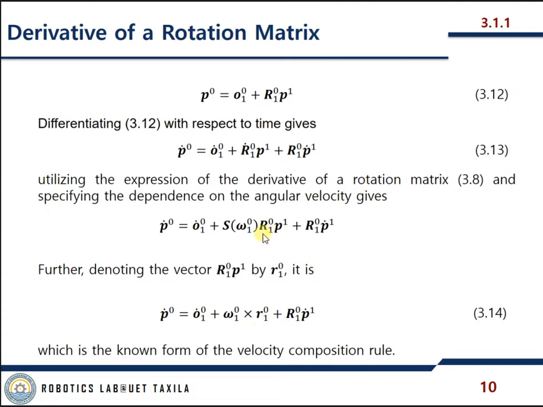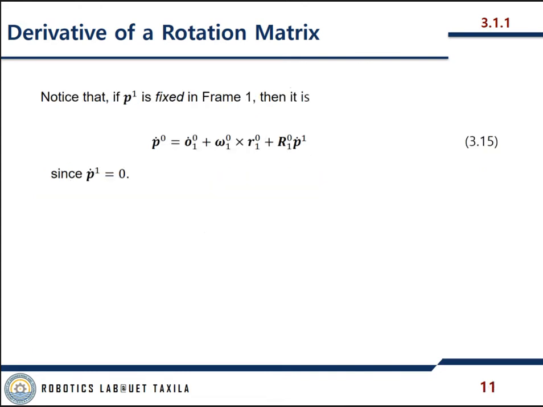We're just putting this element equal to this one, and as omega is just the cross product, we're converting this skew symmetric matrix into a column vector, and this one is as it is. This is the known form of the velocity composition rule. So this is the velocity composition rule, and it is very useful for robotics.